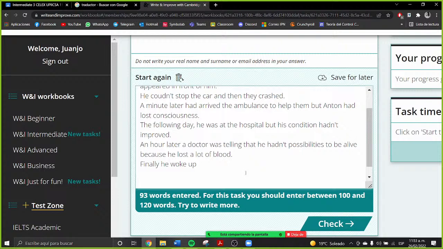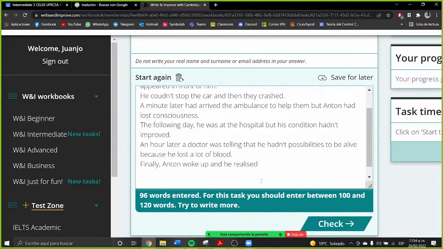Have donated, okay. And finally, he realized. ¿Otra vez? Well, in this point, comma. Finally, comma. No, finally. Sí. Well, he woke up, quita esa coma, and he realized, o se enteró. Mejor vamos a poner el nombre Anton. And Anton woke up and he realized.